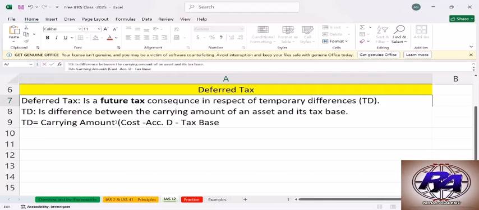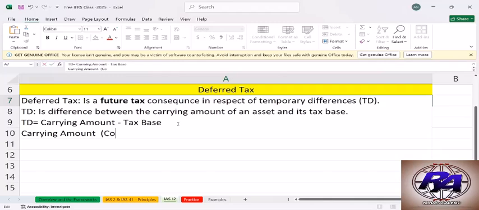All right, let me take it from this formula. So what is carried amount? Carried amount in this case is going to be the cost of the asset, the original cost, minus our accumulated depreciation.